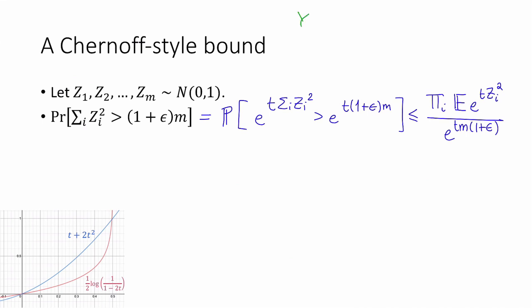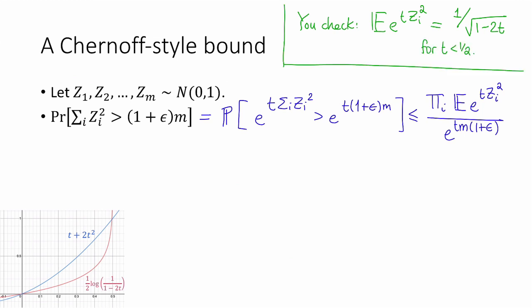Now you can check, and you should check, that the expected value of e to the t times zi squared, if zi is a standard normal random variable, is equal to 1 divided by the square root of 1 minus 2t for any t less than a half. So if you believe that, then this whole thing is equal to 1 divided by (1 minus 2t) to the m over 2, times 1 divided by e to the tm times (1 plus epsilon), for t less than a half.